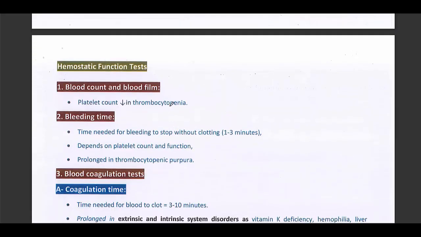Now let's go to hemostatic function tests. Let's discuss it specifically. The first test is blood count and blood film. Platelet count is decreased in thrombocytopenia.